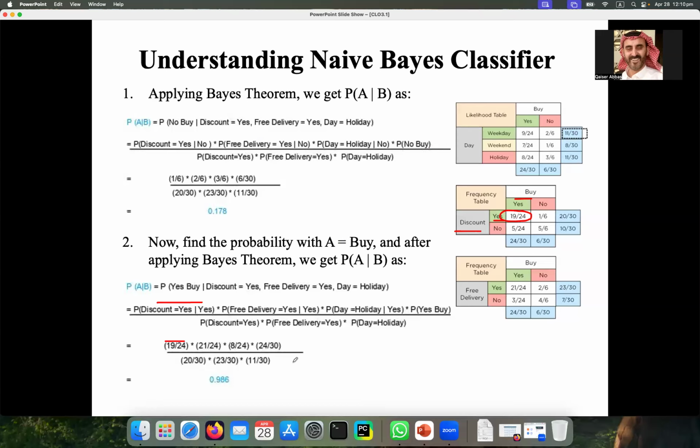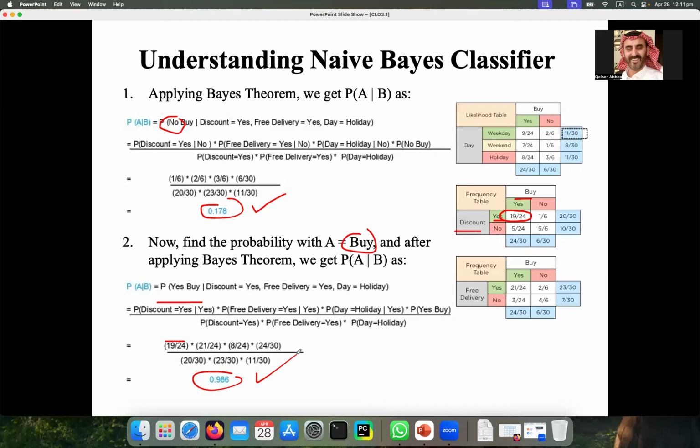This way you can get all these values and you have this one, 0.94. This is the conditional probability for when you are going to buy, and this is the value when you are not going to buy. Now we have the probability of not buy and buy.